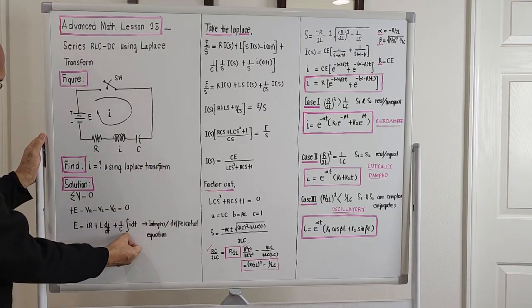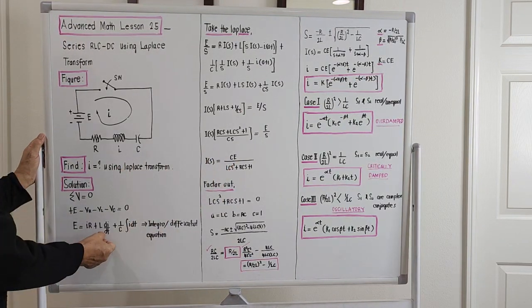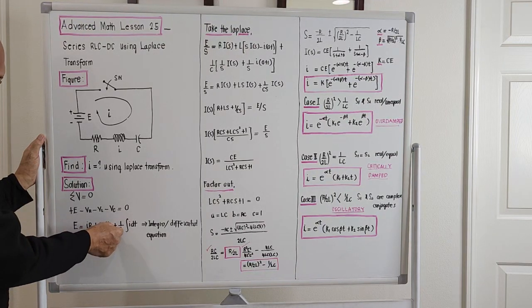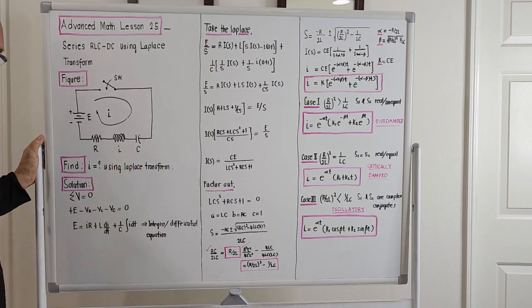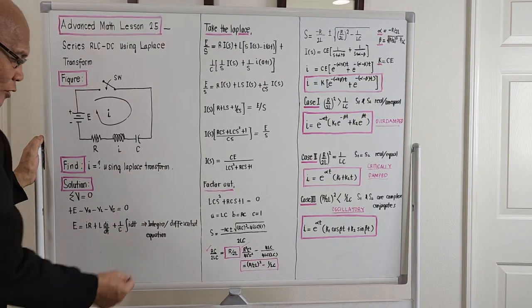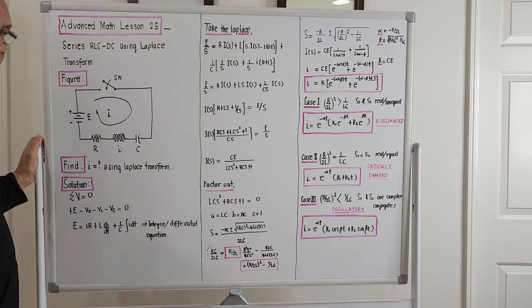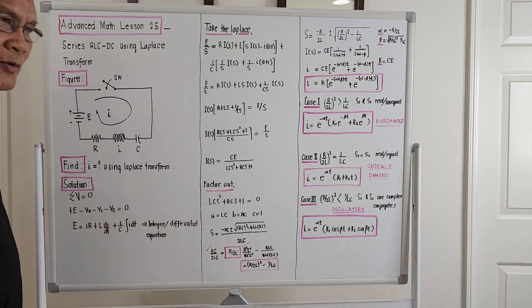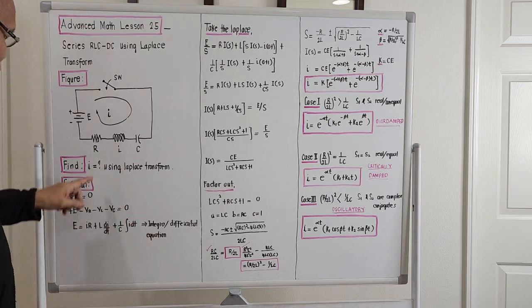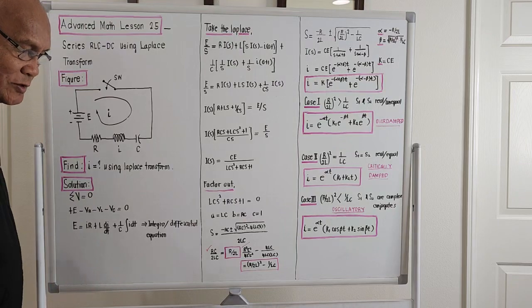We got an integral sign here, so some part of the equation is an integral equation. We got the di over dt over here, or the derivative with respect to time of i. That's a differential equation. So the summation of this is a combination of an integral and differential equation. And by using Laplace transform, okay, we will solve for current as a function of time. Okay, let's proceed with the solution.